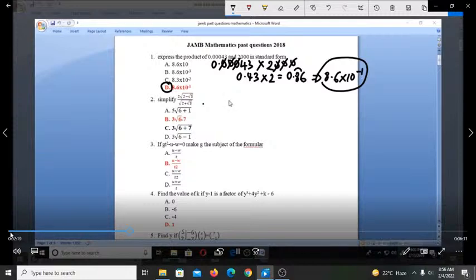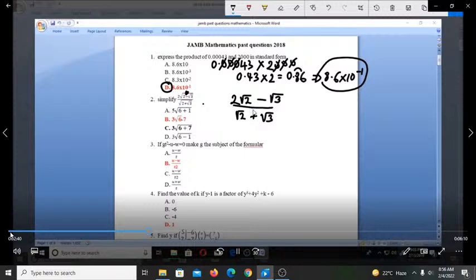Now number 2, simplify root 2 minus root 3, that is the actual way it is written, all over root 2 plus root 3. So that is what you are told to simplify.